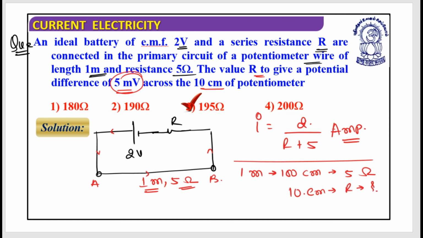How could I get it done? It's 10 into 5 equals x into 100. So x equals 50 by 100, which is half ohm. So each 10 centimeter covers half an ohm of resistance.